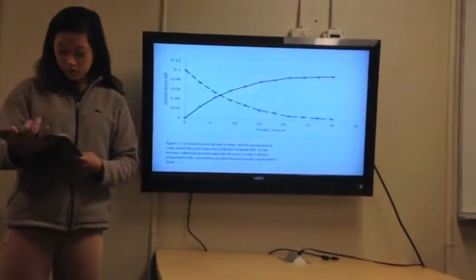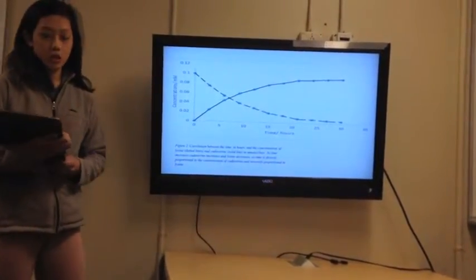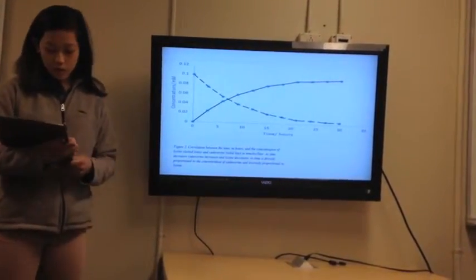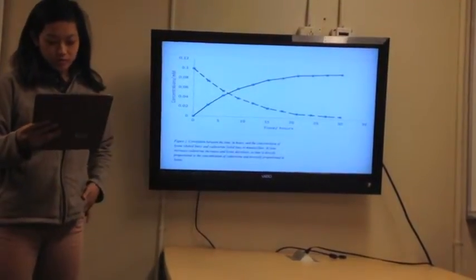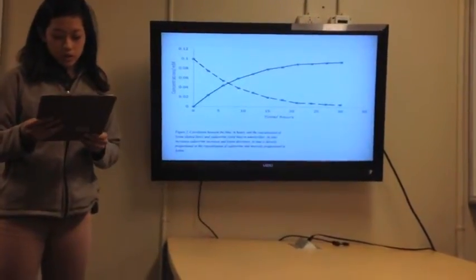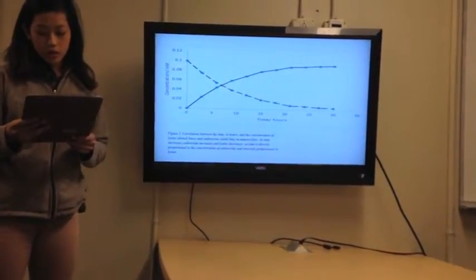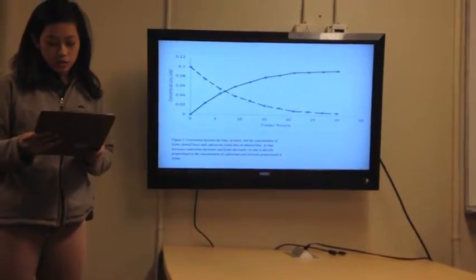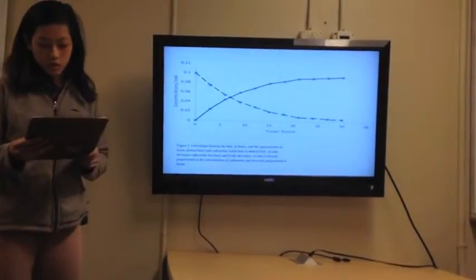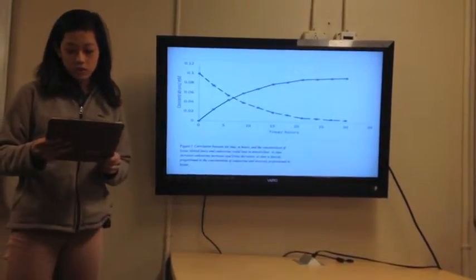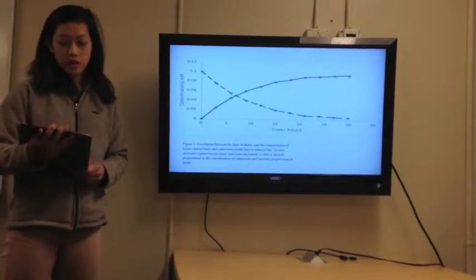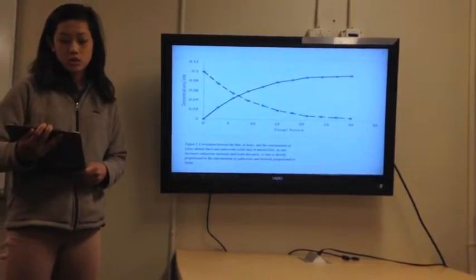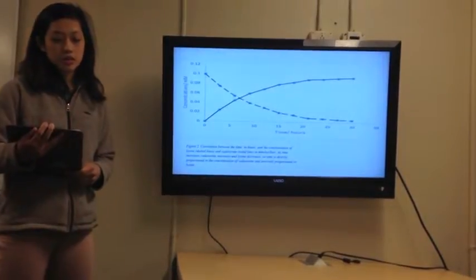Figure 2 demonstrates the relationship between time versus concentration of lysine and cadaverine and the relationship between the rates of reaction of both lysine and cadaverine. When both data sets are plotted on the same diagram, it illustrates that time is inversely proportional to lysine and directly proportional to cadaverine concentrations. In other words, as time passes, the concentration of lysine decreases while the concentration of cadaverine increases.